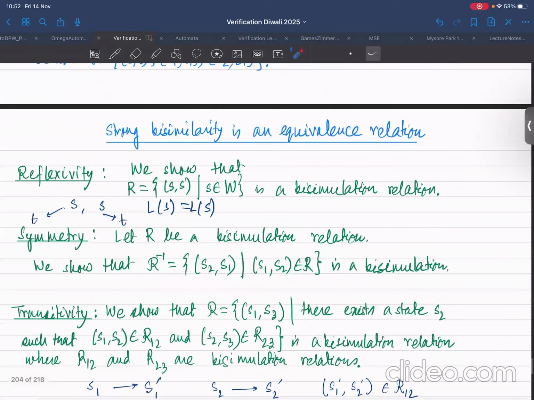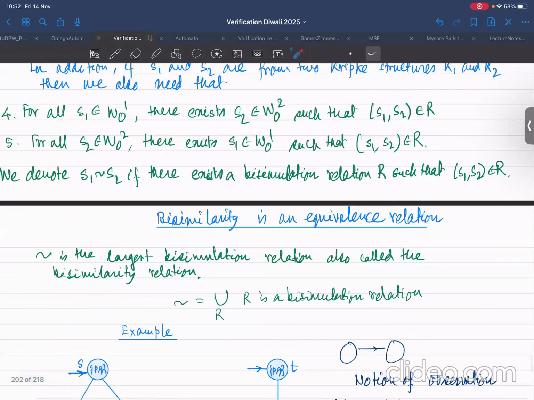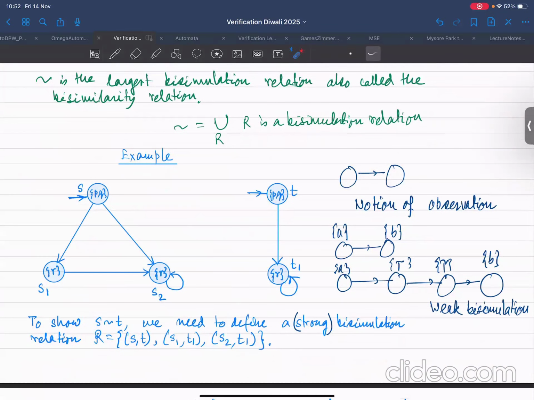Okay, let's go to that original definition. If we consider S and T, and I consider this particular transition and hence this successor state, I have to find a match. For all possible successors on one side, there has to exist a successor on the other side.